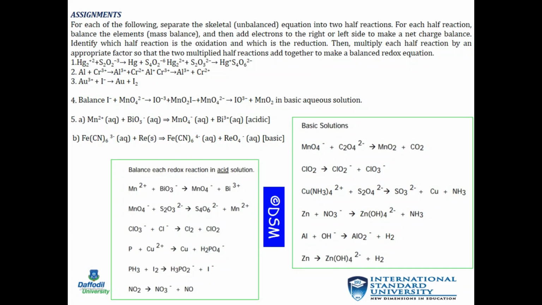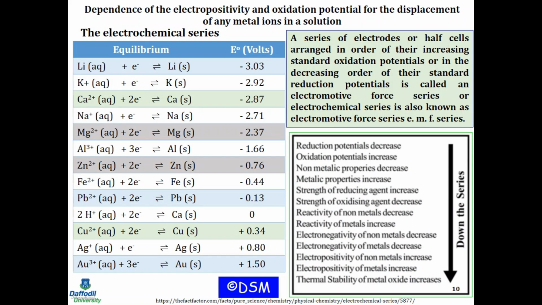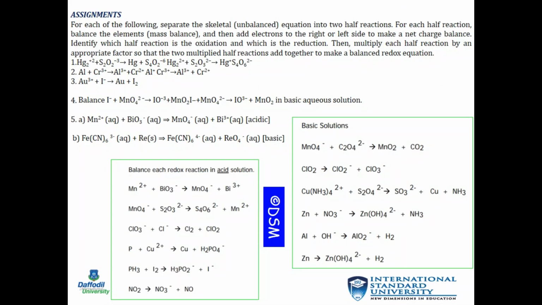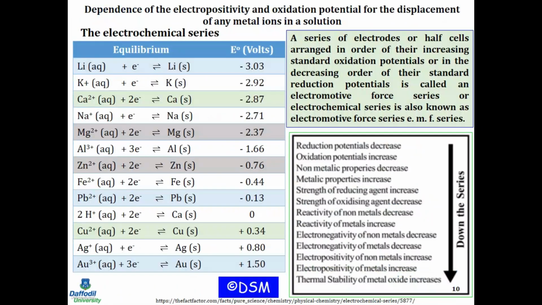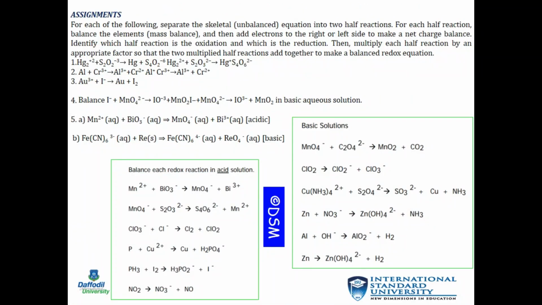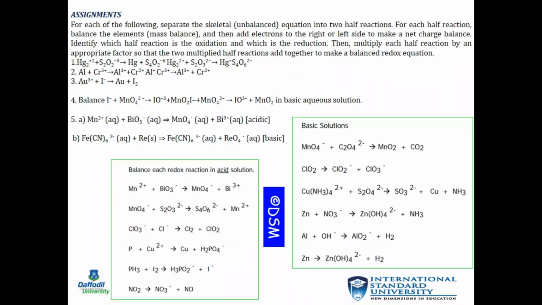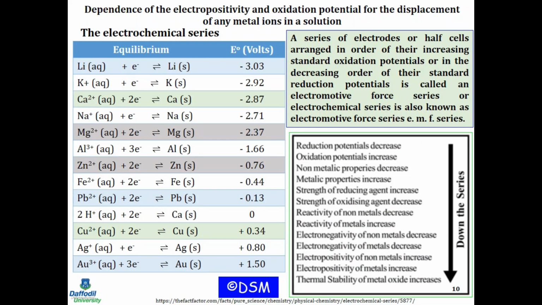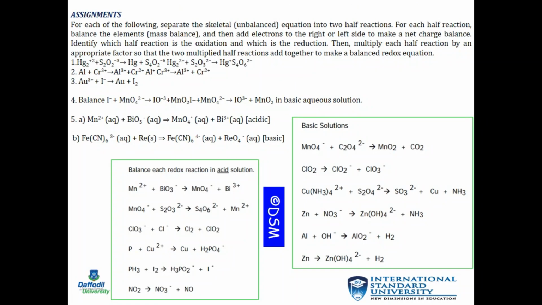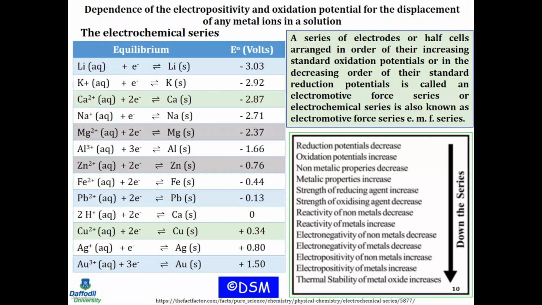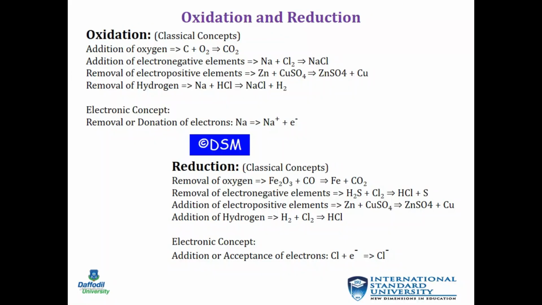Okay, now the electrochemical series, we said that we will discuss it later, and according to the electrochemical series we can understand a lot of things: how the reduction potential is decreasing, oxidation potential is increasing, which metal will act as an oxidizing agent, which metal will act as a reducing agent when they are present in the same solution, which one is our anode, which one is cathode, and which electrode should be anode or cathode in the presence of different types of metallic ions, or we can consider non-metals too.